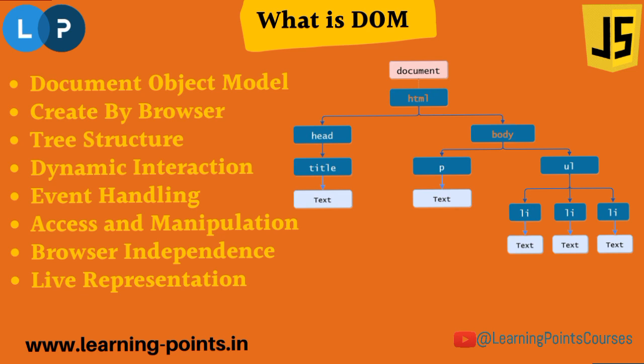The p tag and ul tag are children of the body, meaning the body is the parent and p and ul are children. In this way parent, child and siblings are maintained throughout the structure. So this is the basic thing, and this is called the DOM hierarchical tree structure, right?